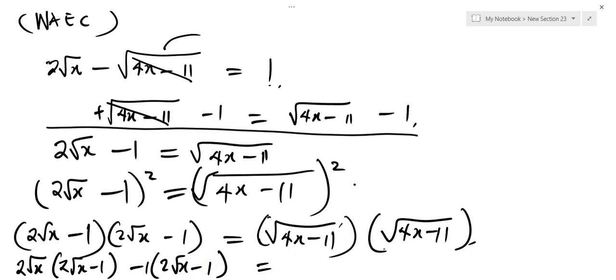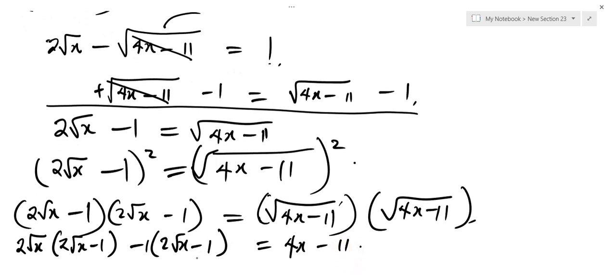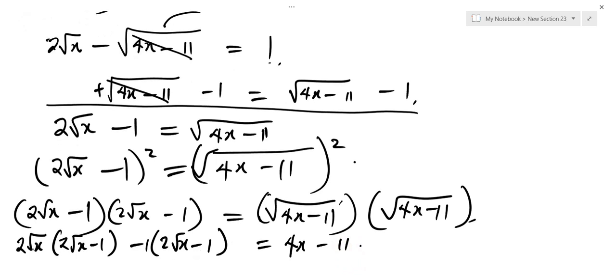So this, the square root of 4x minus 1 times the square root of 4x minus 1, will give you 4x minus 1. Now if you expand this expression, 2 times square root of x times 2 times square root of x will give you 4x. 2 times square root of x times minus 1 will give you minus 2 square root of x.